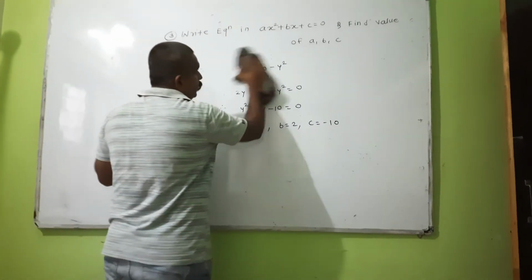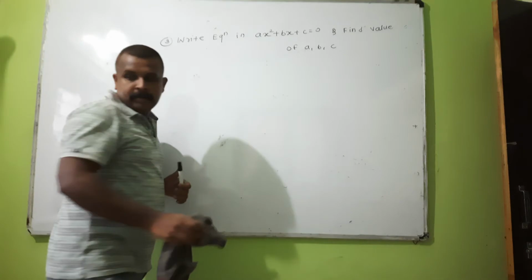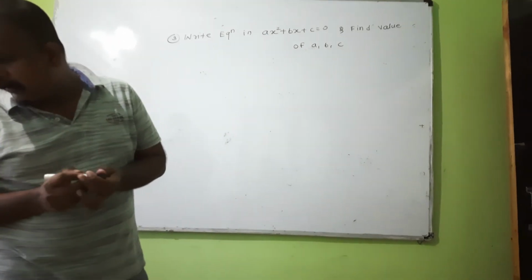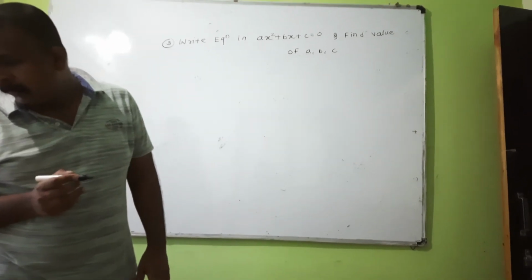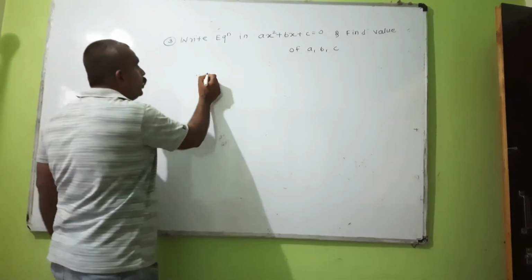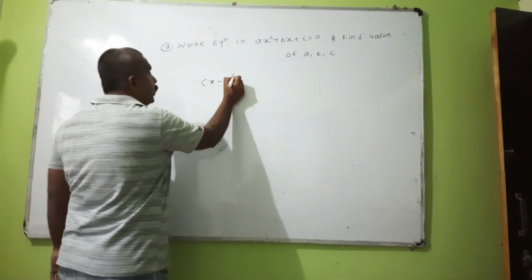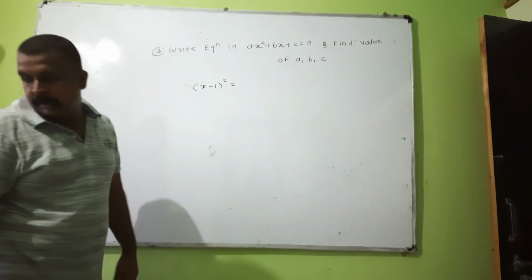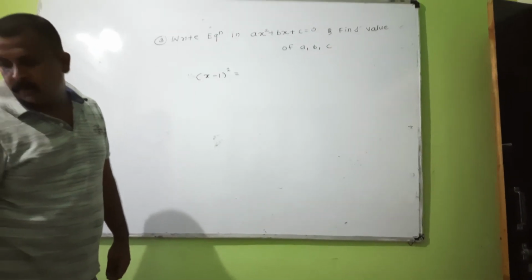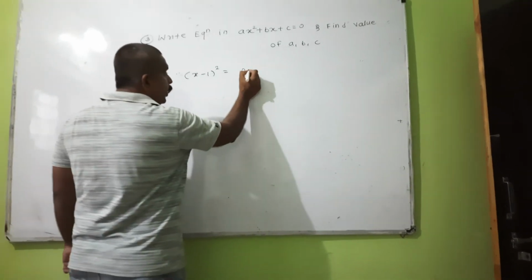Now, second example. What is the second example? It is (x minus 1) bracket square equal to 2x plus 3.